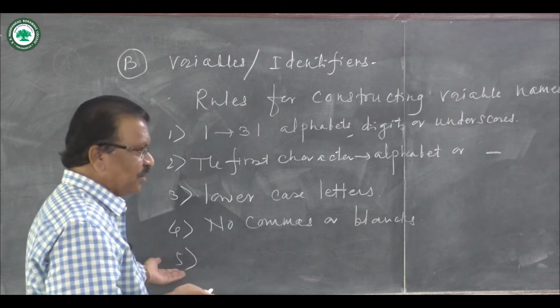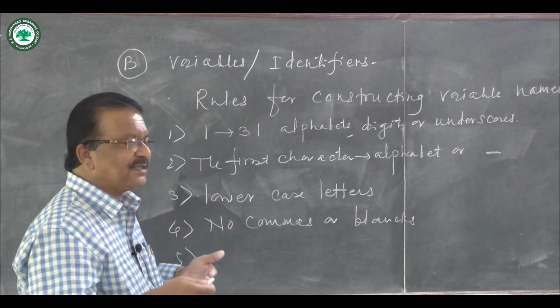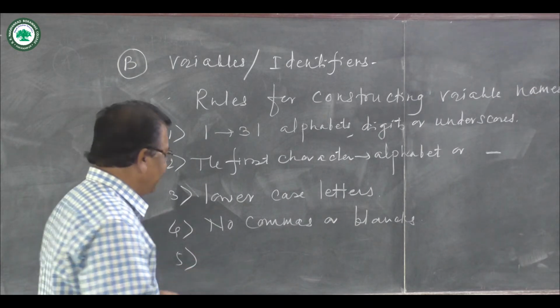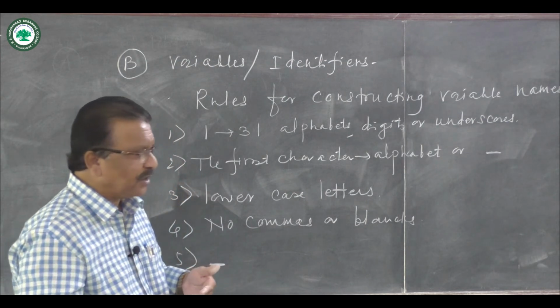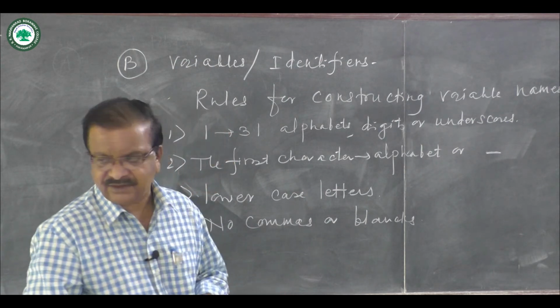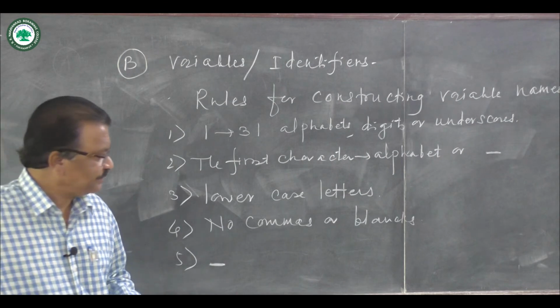So the only special character that is allowed within a variable name is underscore. You should not use dollar or hash while constructing a variable name.